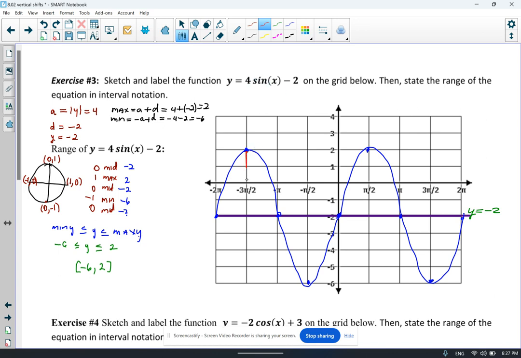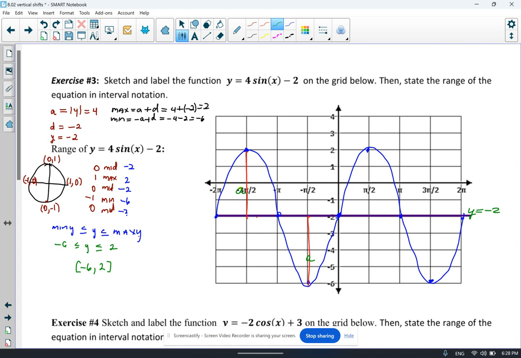It represents the distance from the baseline, the midline, to the maximum value, or the baseline to the minimum value. So this is your amplitude, and this is your amplitude. It really represents how the function is varying from that midline. So it's either varying above the midline or below the midline.